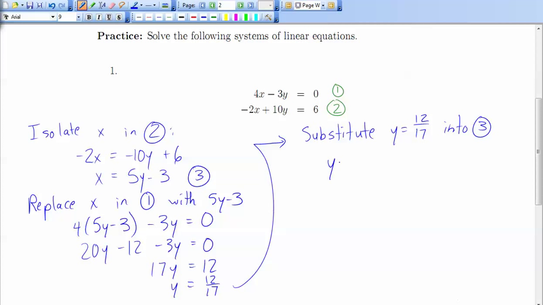So we get, x is equal to 5 times 12 over 17 minus 3. Well, there we get 60 over 17, and minus, well, 3 times 17 would be 51. And we get 9 over 17. Okay. So we get our solution.